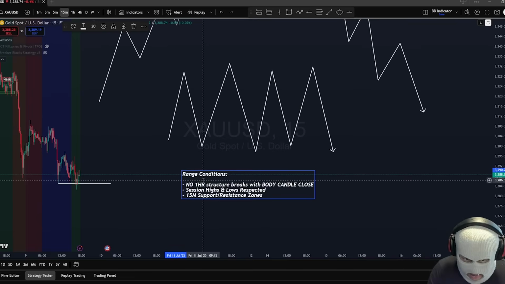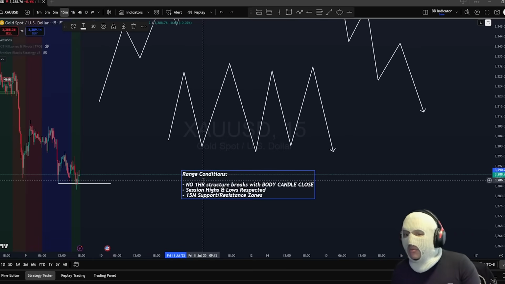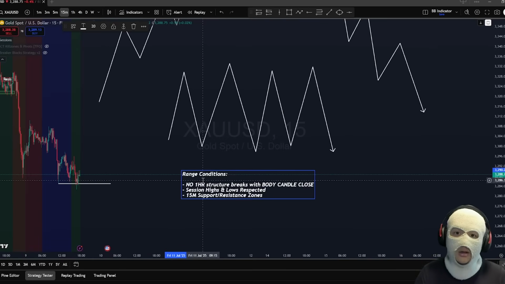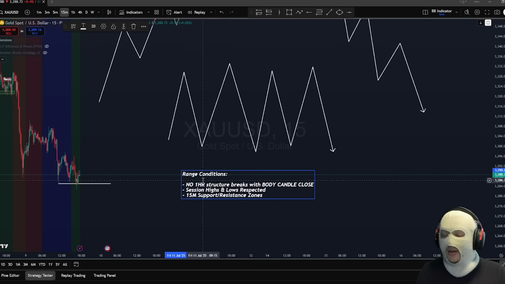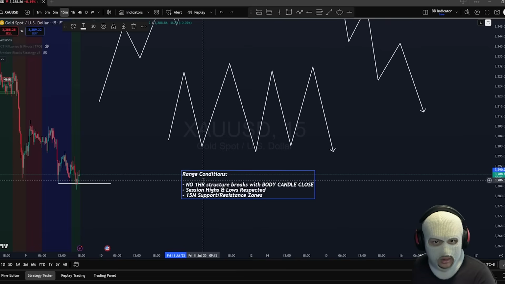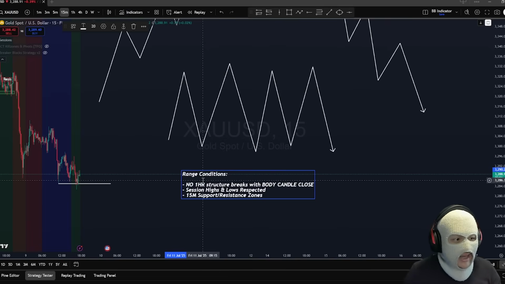Now, question. How do you capitalize on ranges? How do you look to play the range? How do you think we're able to print? Especially since like last Friday, a 50 pip move. Any guesses, chat? Let me know.